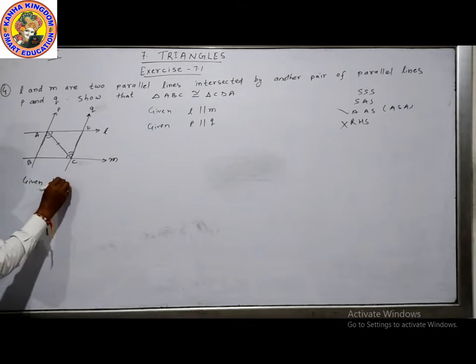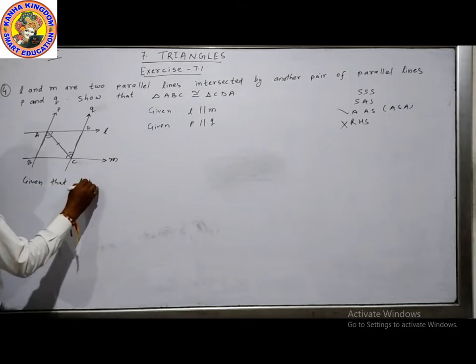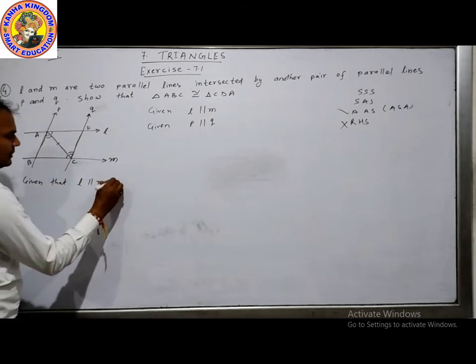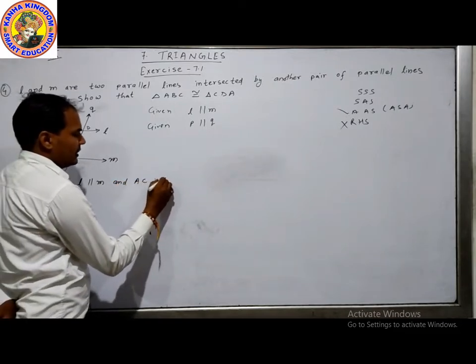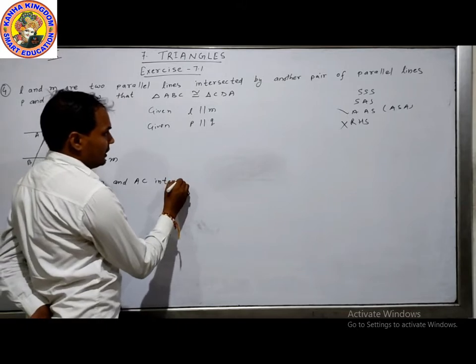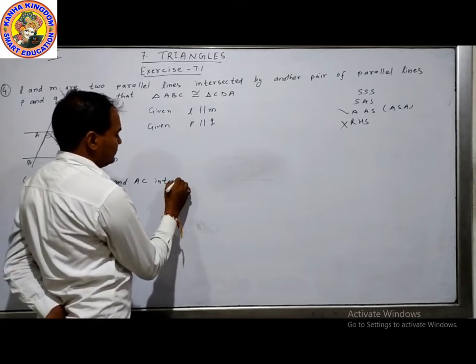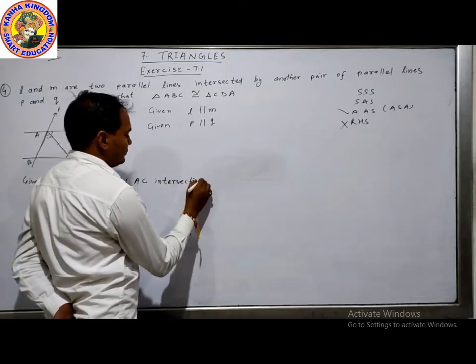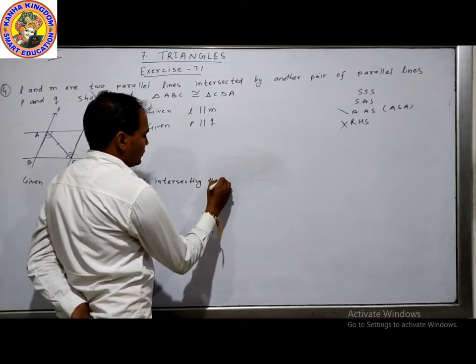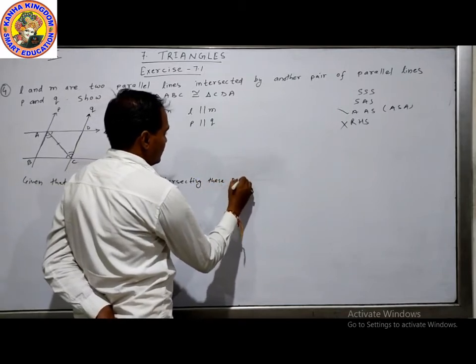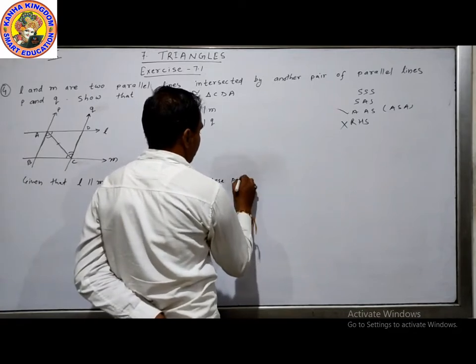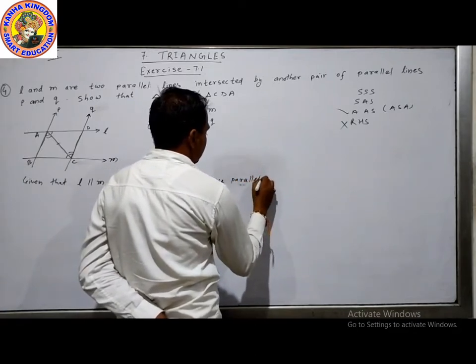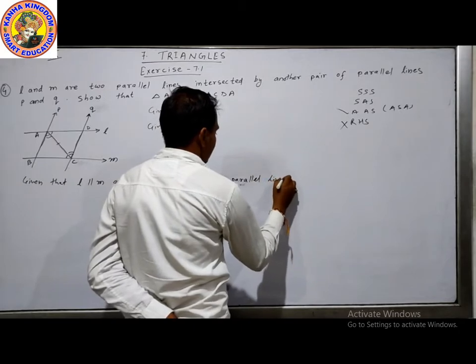Given that L is parallel to M and AC is intersecting these parallel lines.